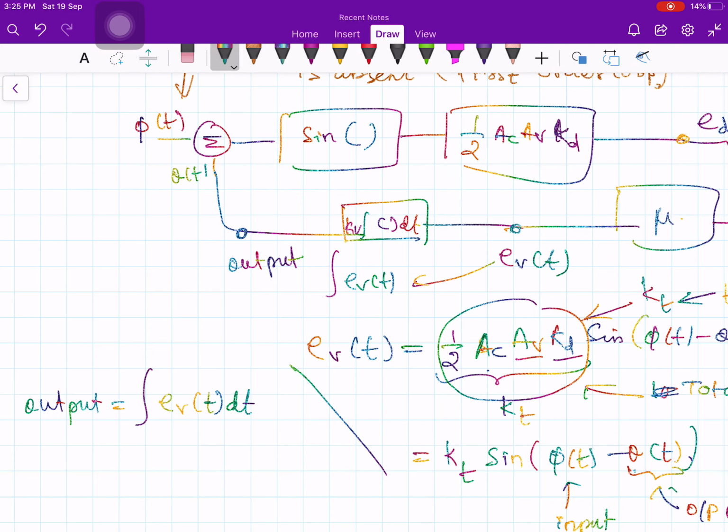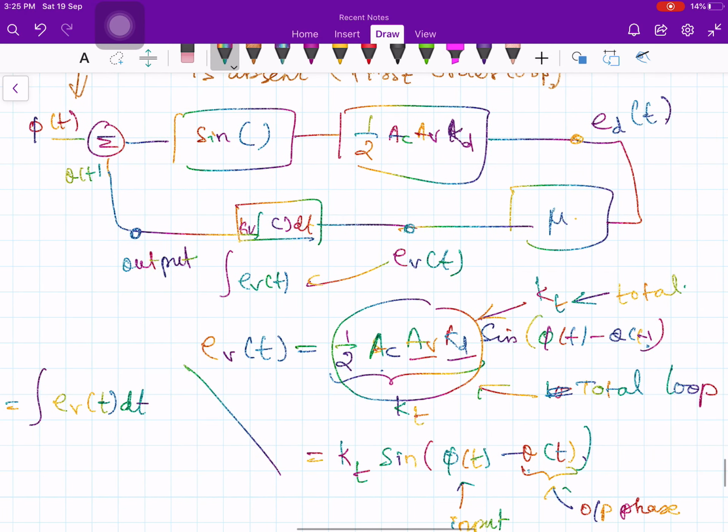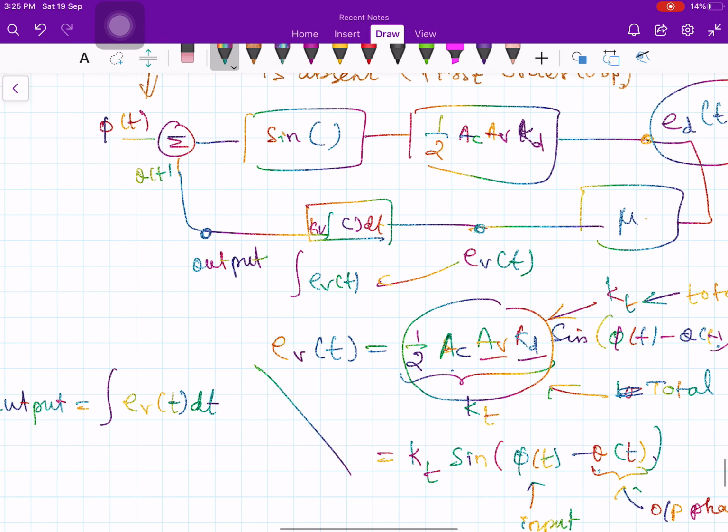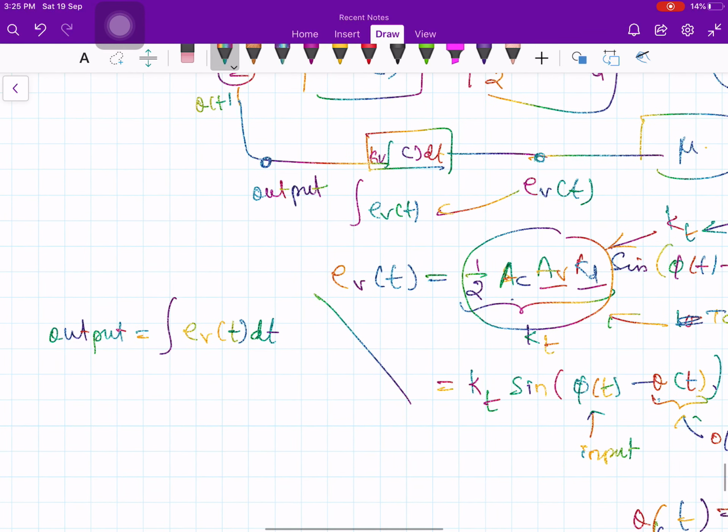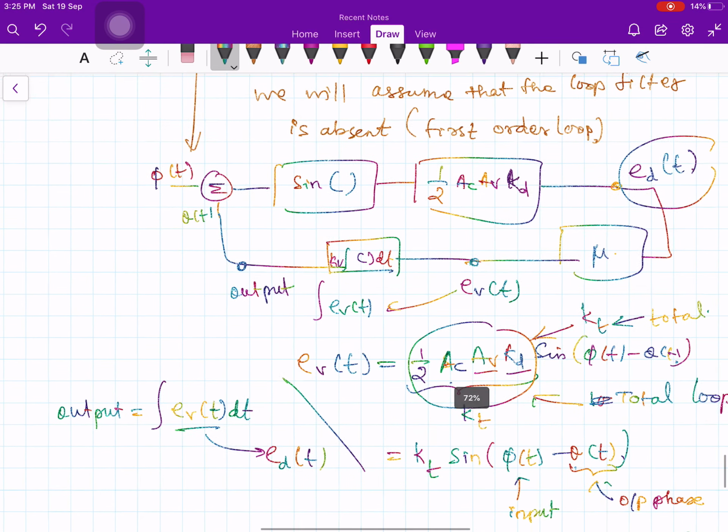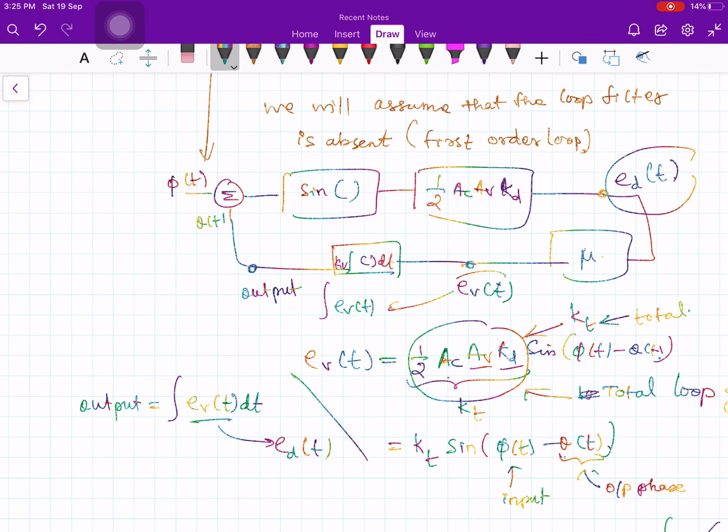And what is EV of t? EV of t is nothing but ED of t multiplied by mu, except for including mu. I am able to do this because I am ignoring the loop filter. So that's why I can write EV of t in terms of ED of t. Therefore, EV of t is equal to mu times ED of t.